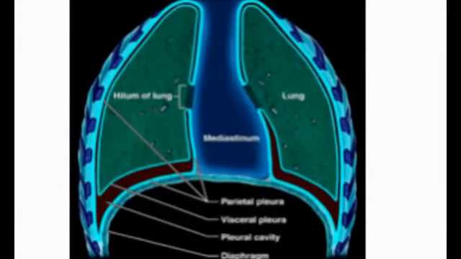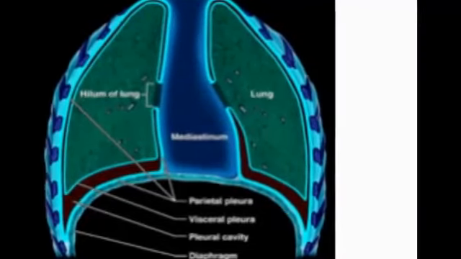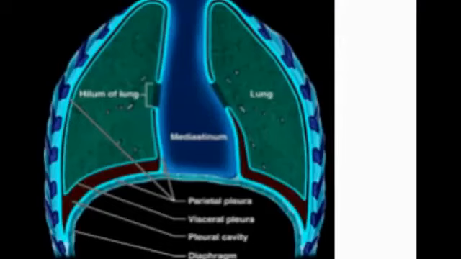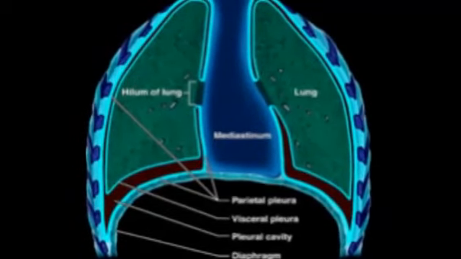Inside the rib cage, as you remember, we have two lungs, left and right. In the middle of them, we have the mediastinum. In the place of the mediastinum, we have the heart, and that place is also rich in lymph nodes.